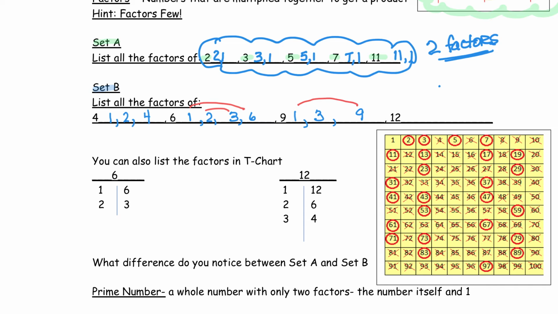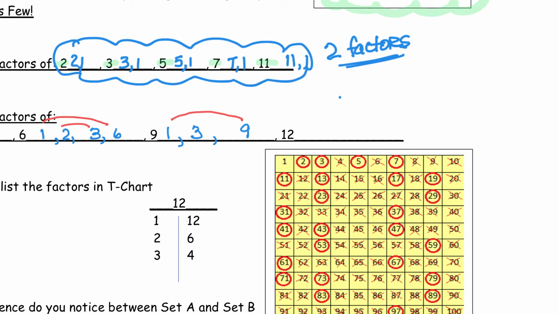We have a few of them. For 12, we have 1 times 12, 2 times 6, and 3 times 4. So again, if we call this the rainbow method, it's 1 times 12, 2 times 6, 3 times 4.